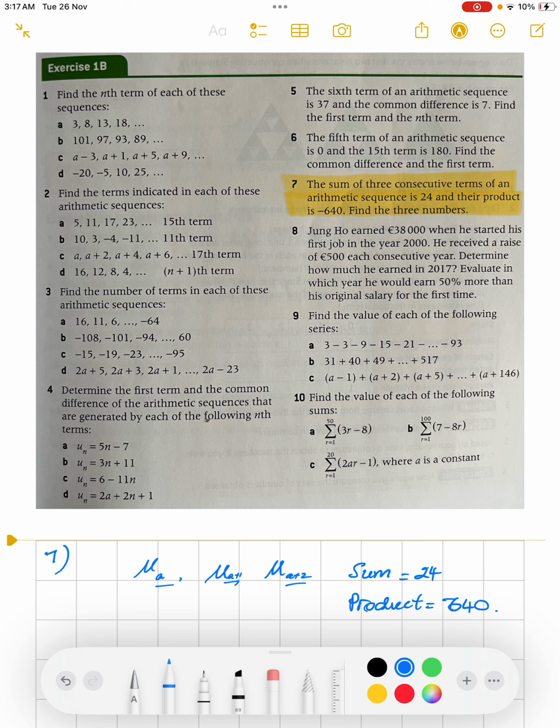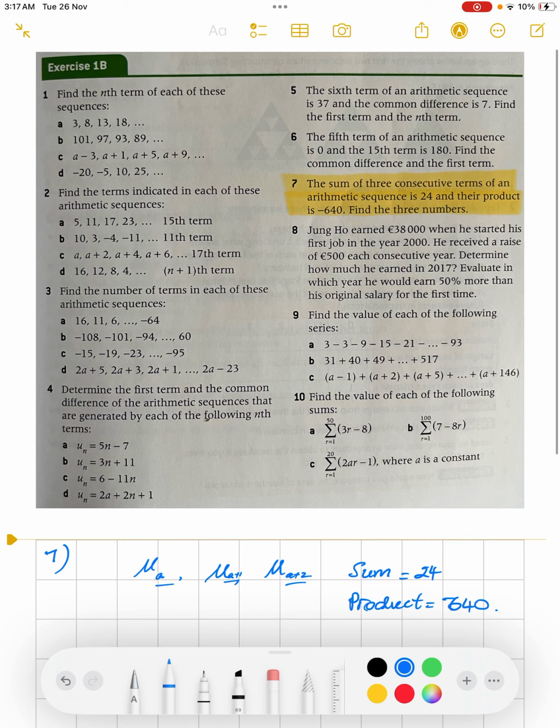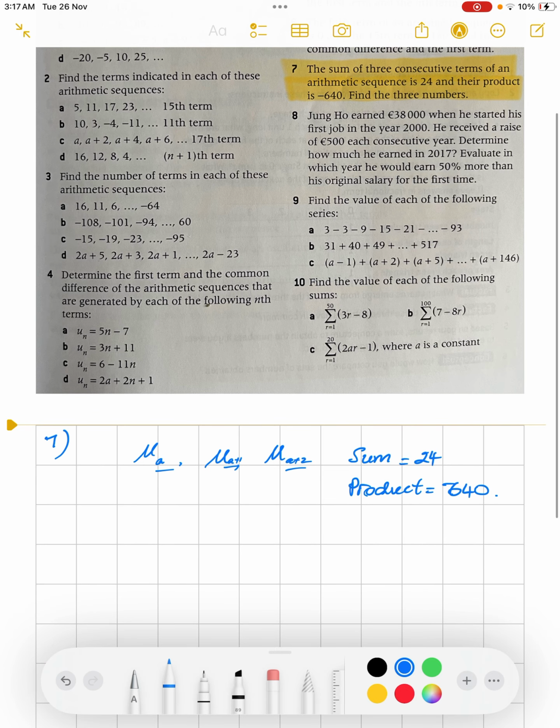What are those numbers? Well, when we have three consecutive terms and we want to multiply, it's possibly a good idea to select the middle term. Select the middle term as being, say, some u n value.